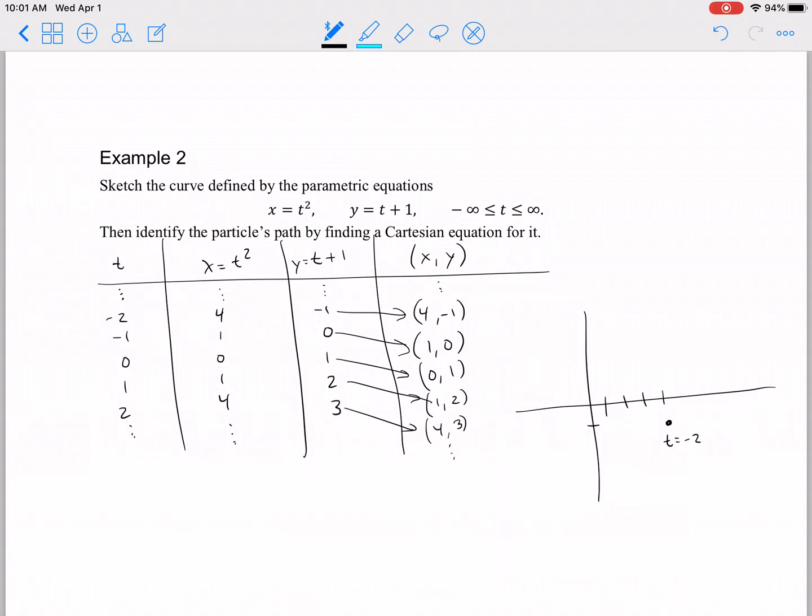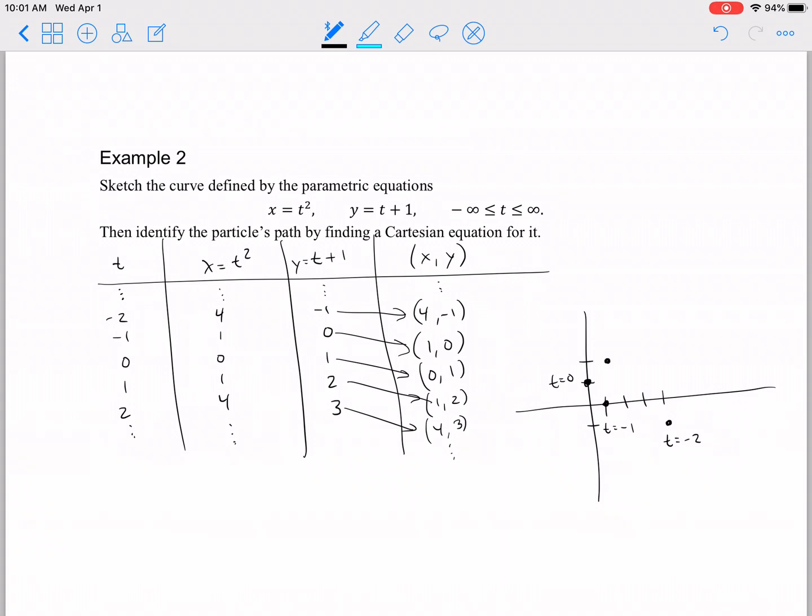And then at t equals -1, we have the point 1, 0. So 1, 0 right here. This is t equals -1. And then at t equals 0, we have the point 0, 1. So that puts us up here. This is t equals 0. At t equals 1, we have the point 1, 2.